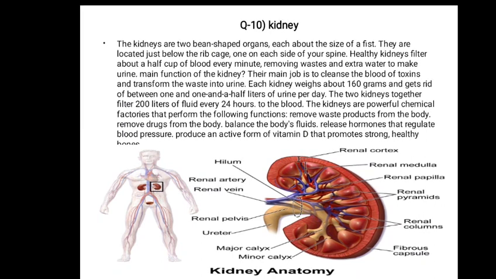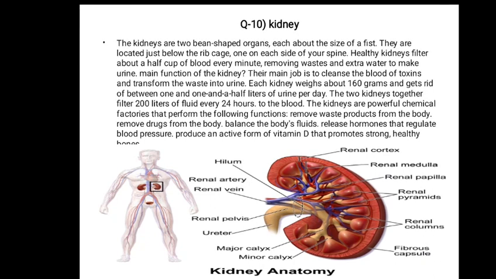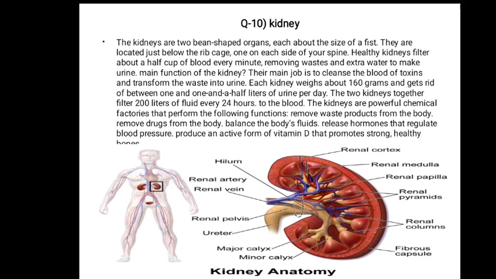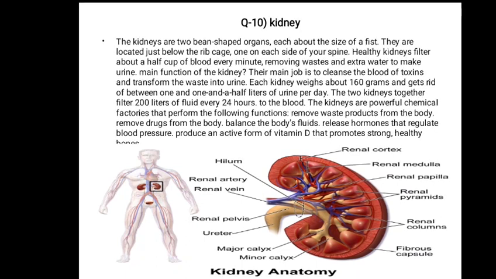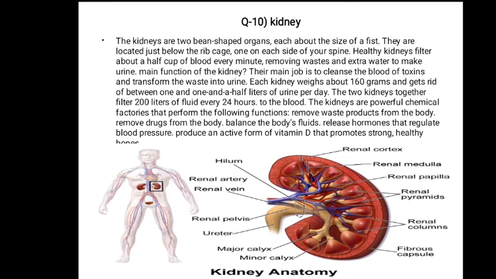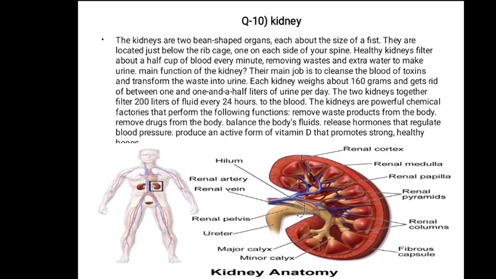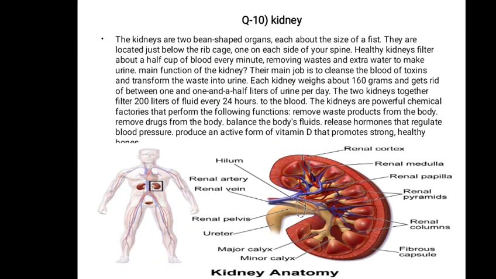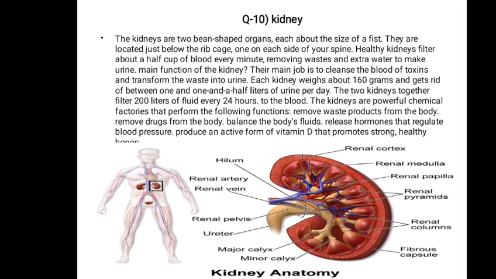Each kidney weighs about 160 gram and gets rid of between 1 and 1.5 liter of urine per day. The two kidneys together filter 200 liter of fluid every 24 hours from the blood. The kidneys are powerful chemical factories that perform the following functions.